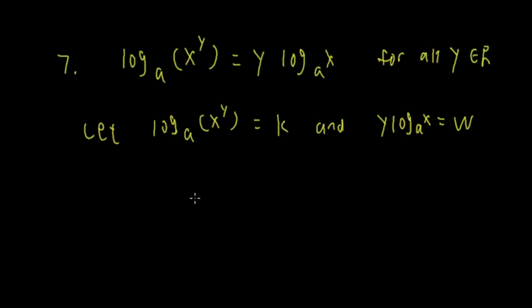Okay. On this side, a to the power of k is equal to x to the power of y. That's what it means. On this side, let's divide both sides by y. We have log x to the base a is equal to w over y. Now, this will mean that a to the power of w over y is equal to x.